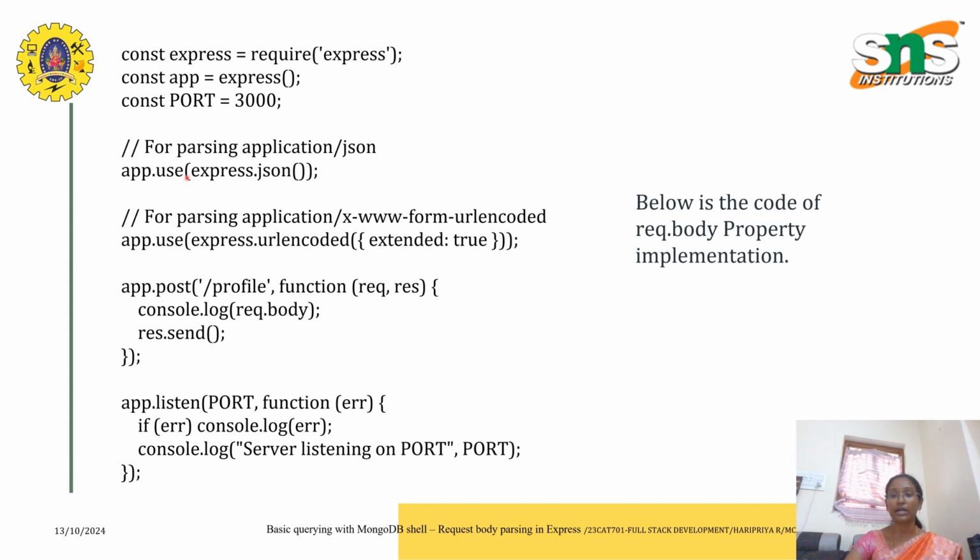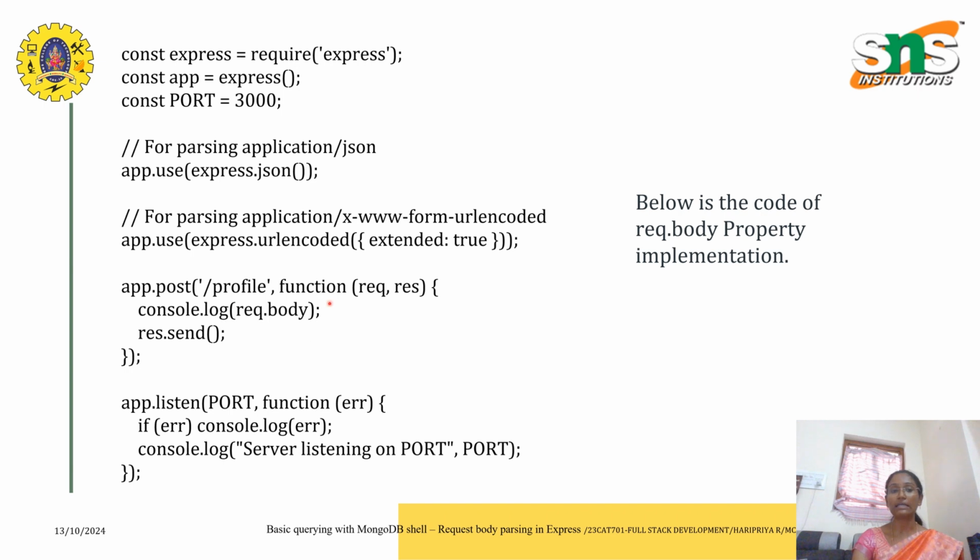You just have to change the keywords and values, which is enough to work on all of this. So app.use(express.json) is for parsing application JSON. Parsing is for your database, true or false, and I'll give the extended format.